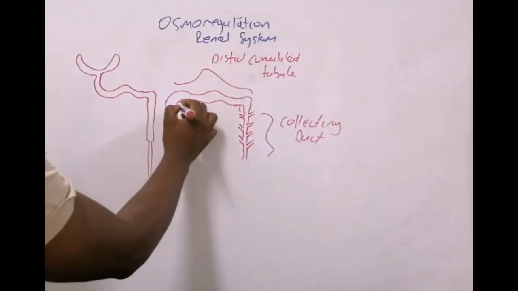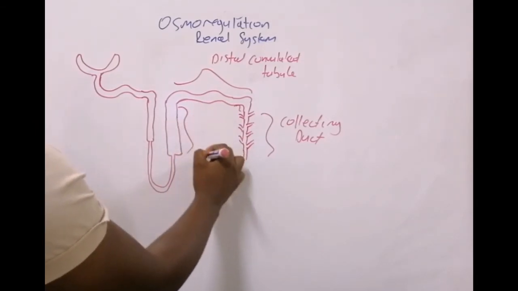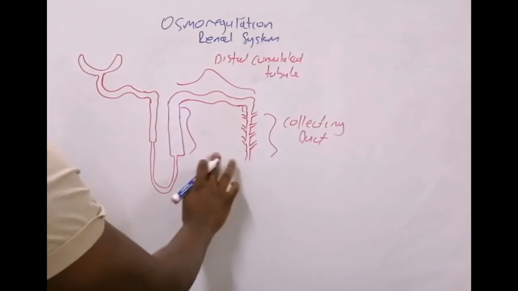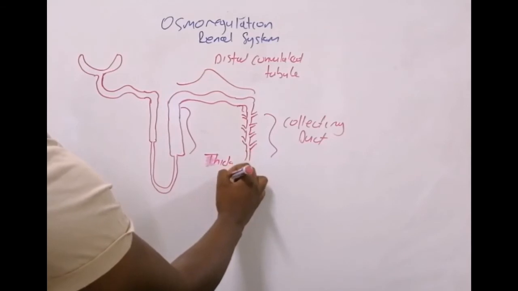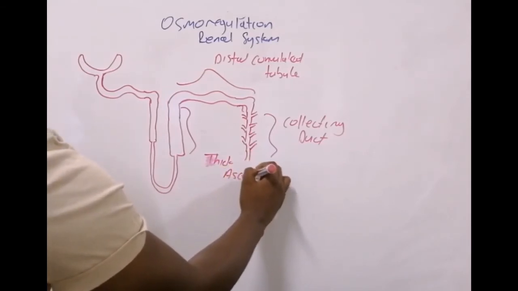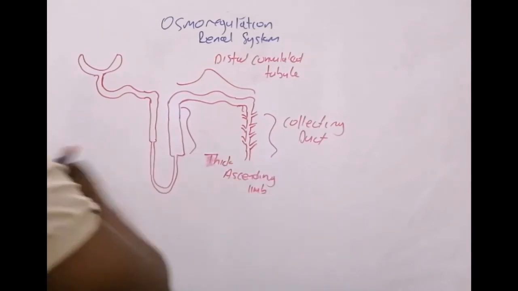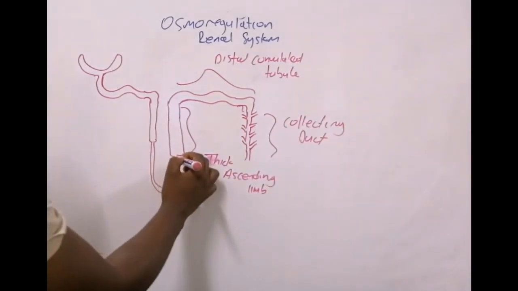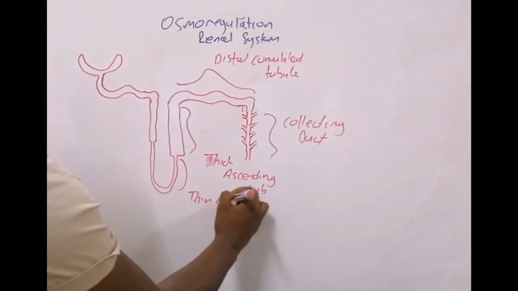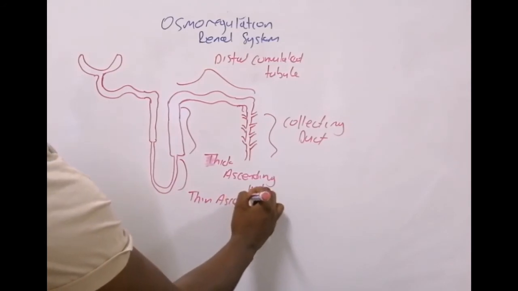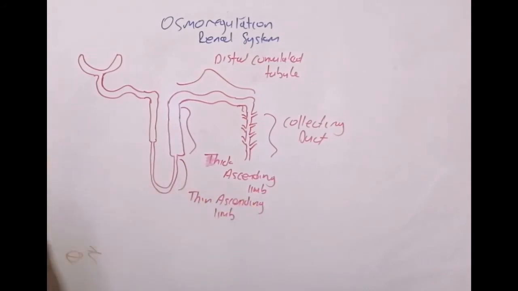And then this section here is called the thick ascending limb of the loop of Henle. And then this part is called the thin ascending limb of the loop of Henle.